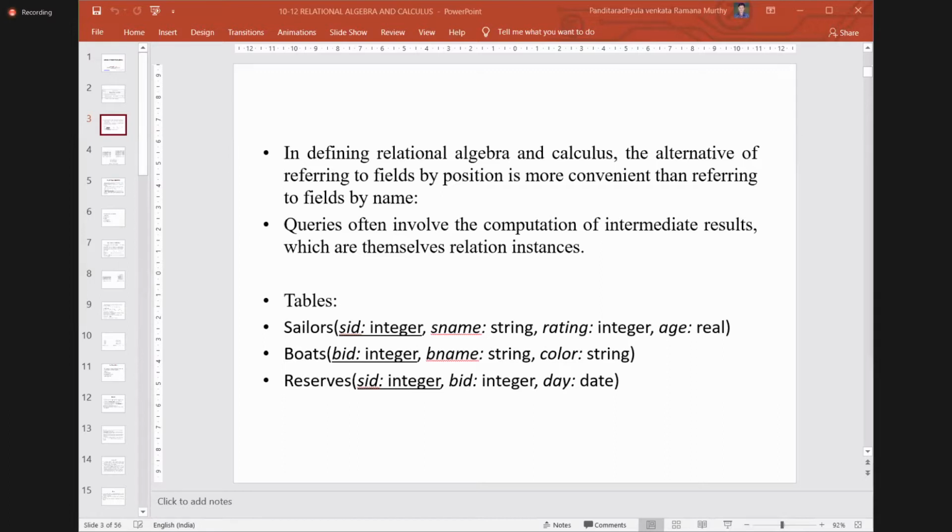So a particular sailor is reserving a boat for a particular day. Clear? The boats' information contains boat ID, boat name, boat color. Similarly, whenever a sailor reserves a particular boat, we have the data sailor ID, boat ID, and date. Clear? This is an overview.